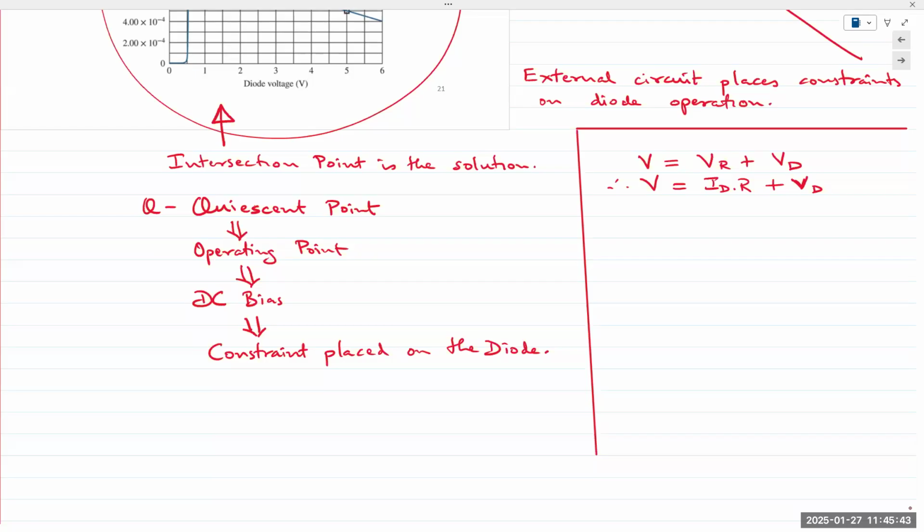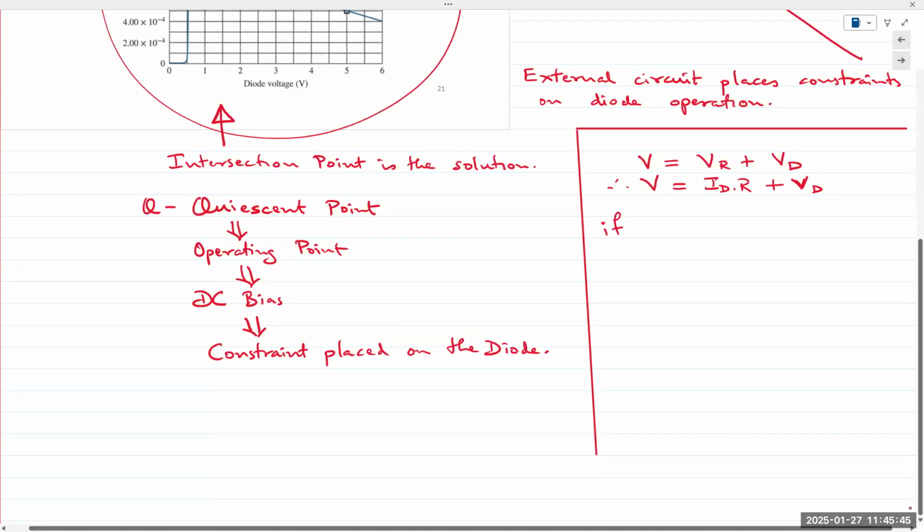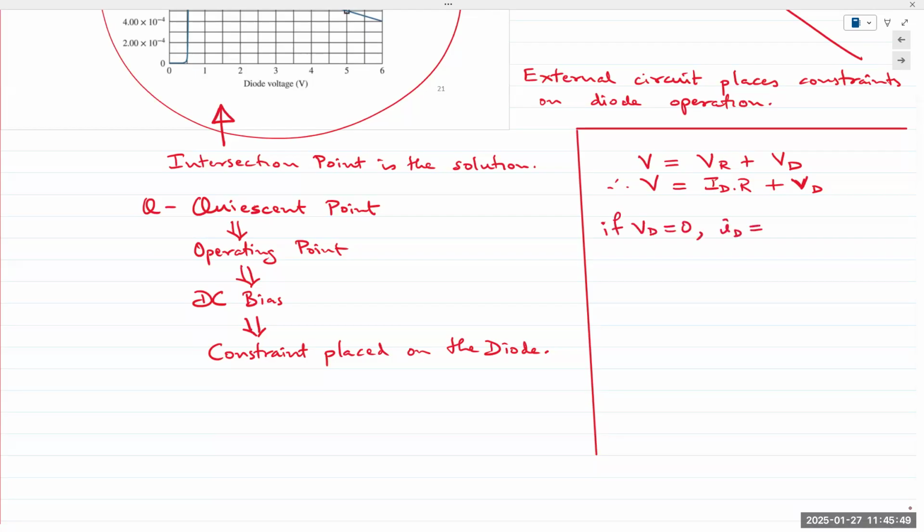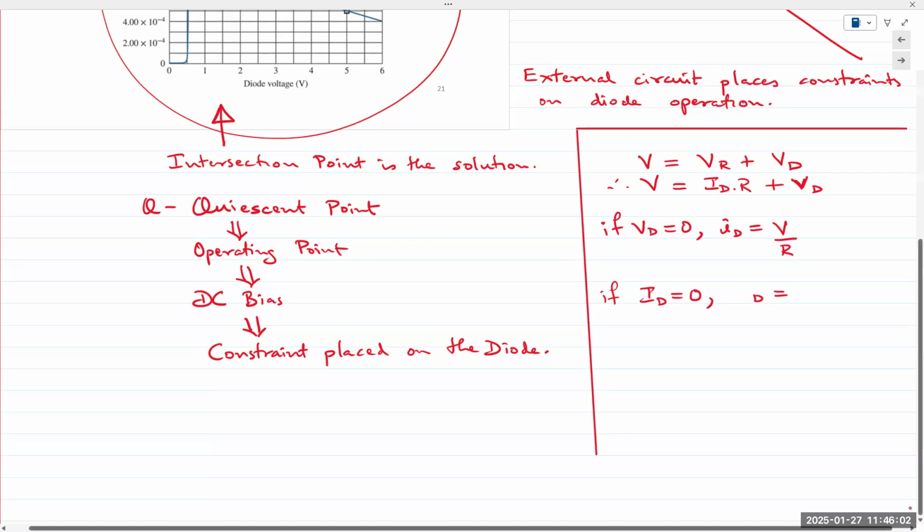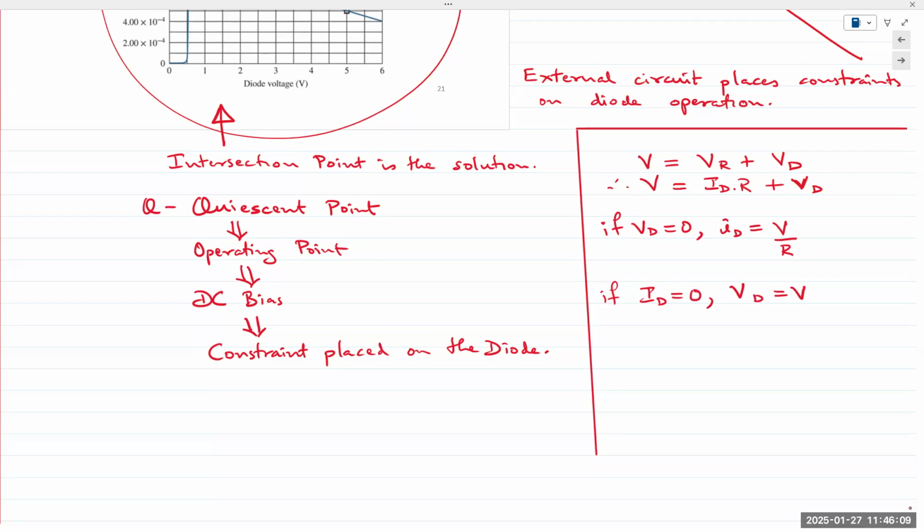So we plug in VD equal to 0. It gives us ID as V over R. And then we plug in ID equal to 0. That would give us VD equal to V. Thus, we have the two intersection points of the line with the X-axis and the Y-axis.